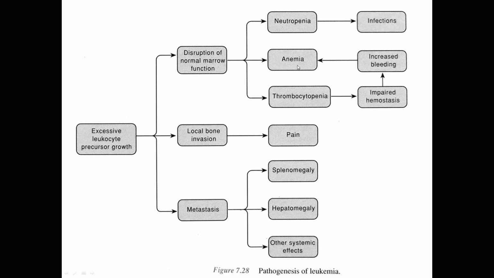Anemia, decreased counts of the red blood cells, will be due to the disruption of the synthesis in the bone marrow of precursors. And finally, thrombocytopenia, as we will see later, is related to impaired hemostasis and bleeding. The bleeding will further contribute to the anemia, to potentiate the anemia.